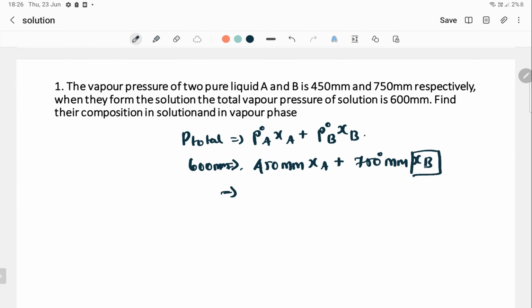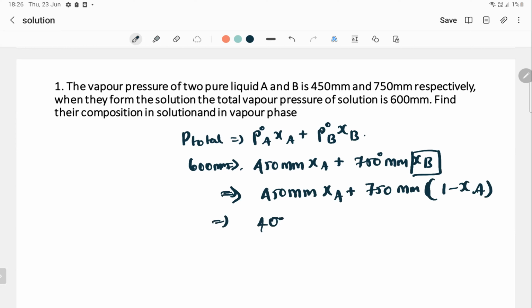So you can substitute XB is equal to 1 minus XA, so that it will be easy for you.